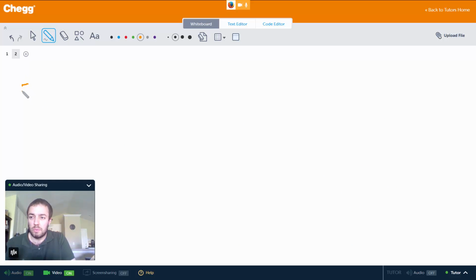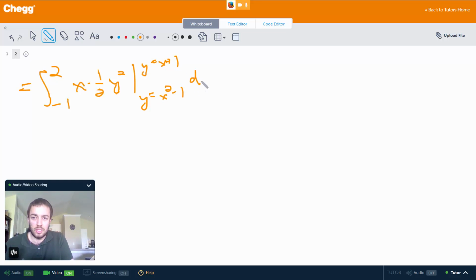So this is going to equal, I'll rewrite what we have just to make it easier to follow along. It's x times 1/2 y squared from y equals x squared minus 1 to y equals x plus 1 dx is what we're still going to have. Okay, and let's go ahead and evaluate.